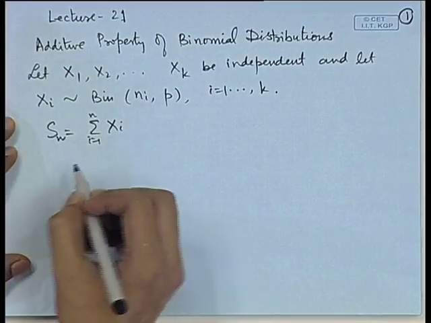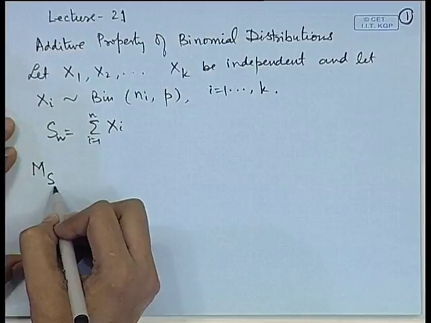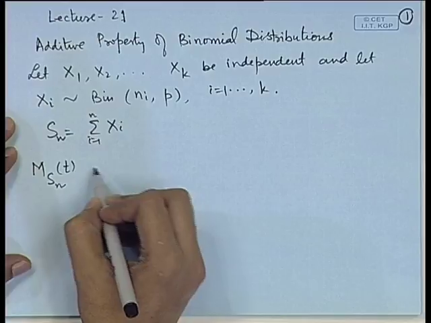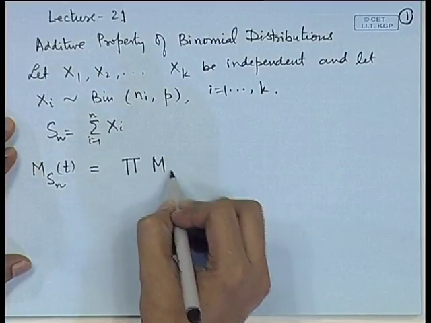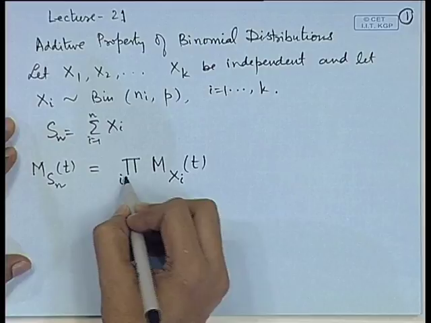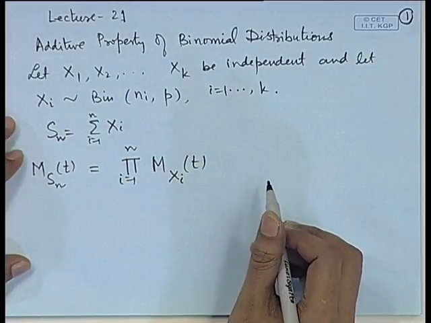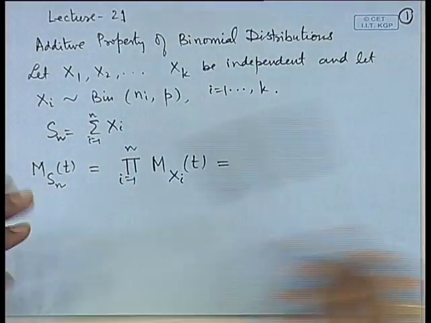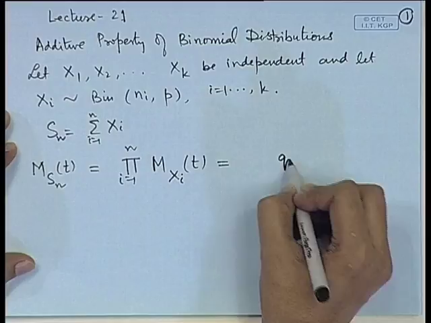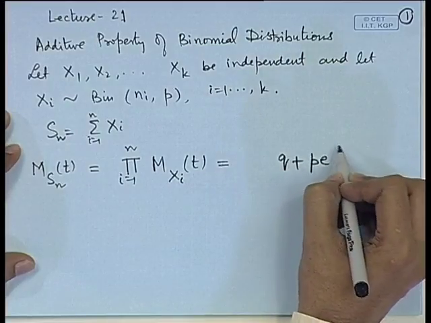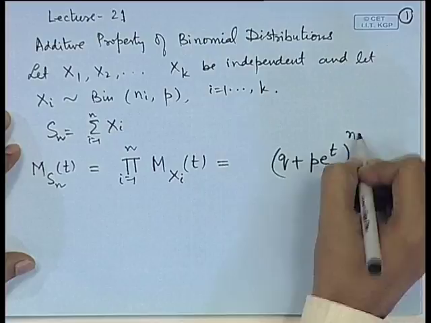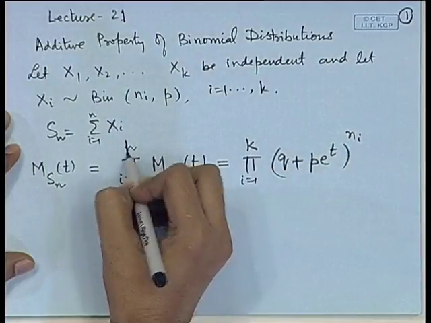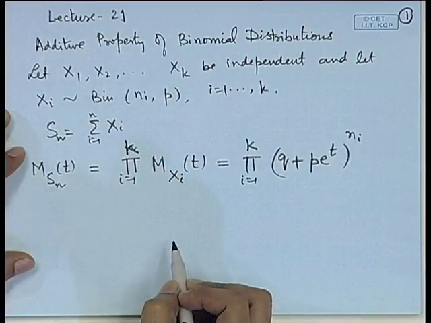If we use the MGF here, the MGF of the sum is equal to the product of the MGFs of the Xi. Notice here that the MGF of Xi is (q plus p e to the power t) to the power ni, and the product over i equal to 1 to k is the same.